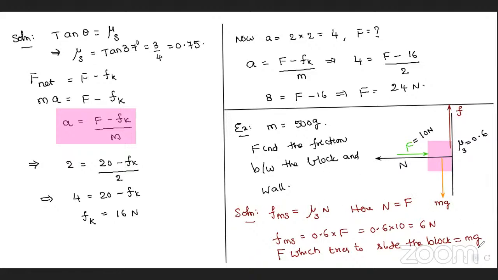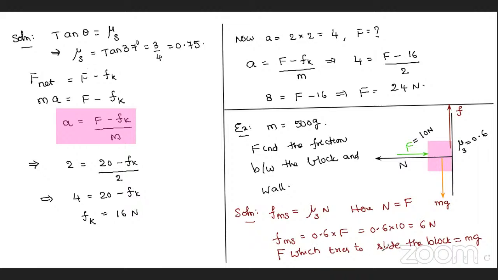That mg, how much? If you check there, mass is given as 500 grams. 500 grams means 500 by 1000 kg, into g is 10. So that you are getting 5 newtons.